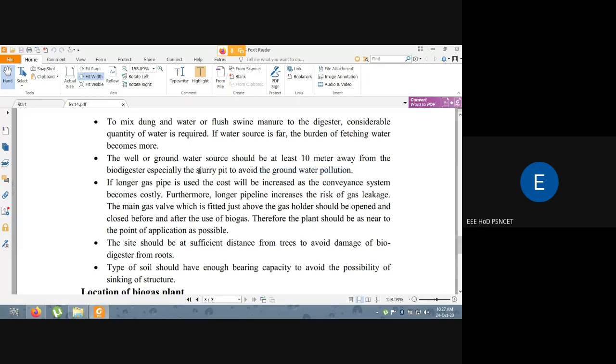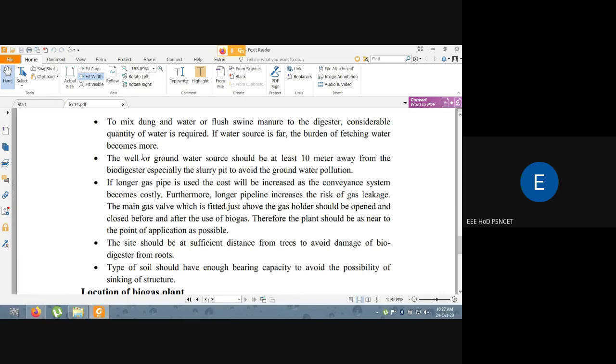So if we are using groundwater from the well, the bore should be away from the digester because the digester is placed underground.